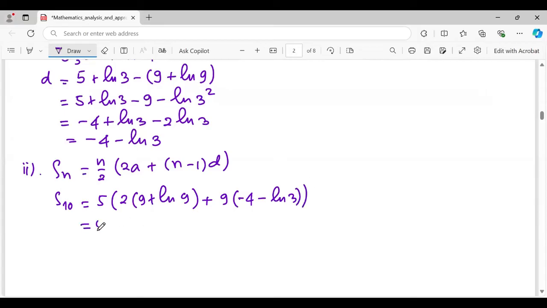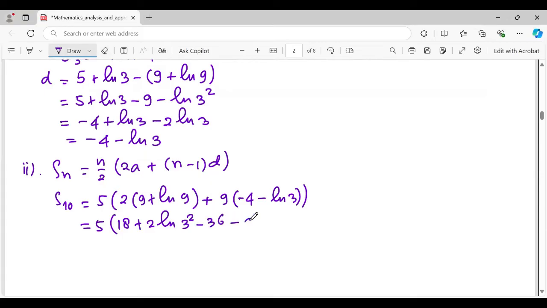Okay, so 5 times 18, 2 times 9, plus 2 ln 9, which I will convert into ln 3 squared, plus, being minus, because 9 times minus 4 is minus 36, and 9 ln 3.